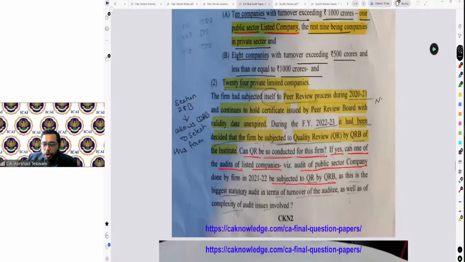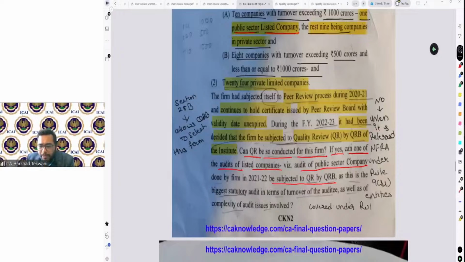That will be no, because unless it is referred by NFRA under Rule 9.4, entities covered under Rule 3.1 are or cannot be subject to quality review.